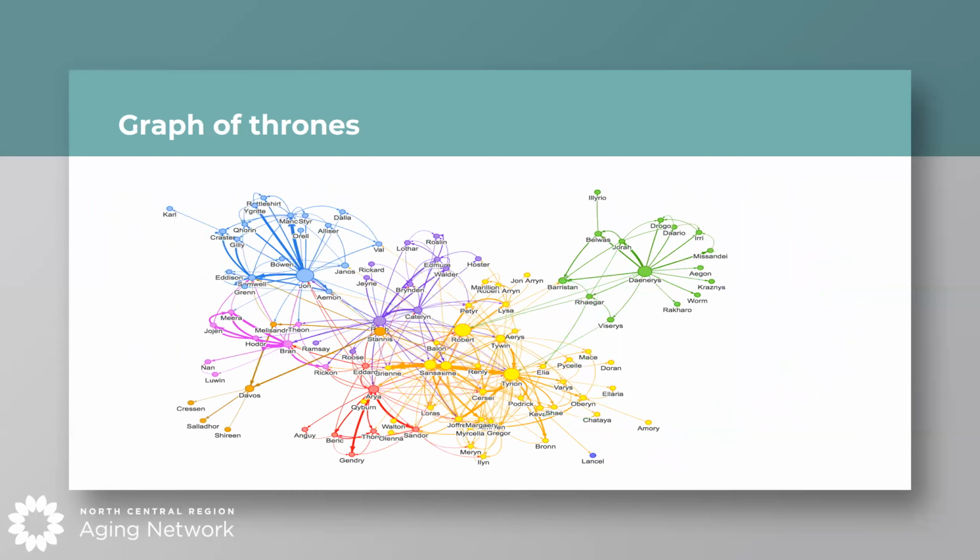If you are a fan of Game of Thrones, this visualized social network will really resonate with you. A few months ago, two mathematicians published this in Math Horizons magazine, where they analyzed a network of character interactions from the TV series Game of Thrones.